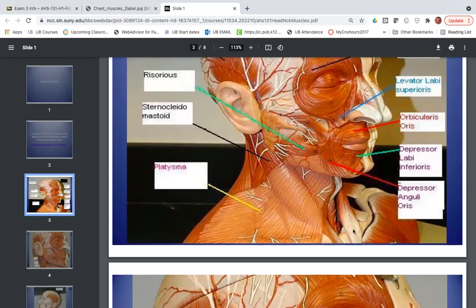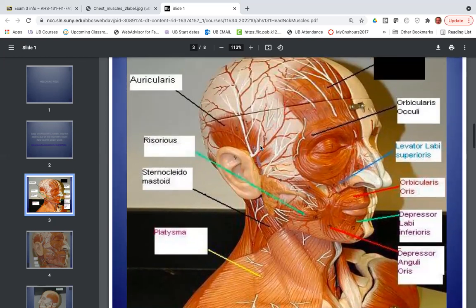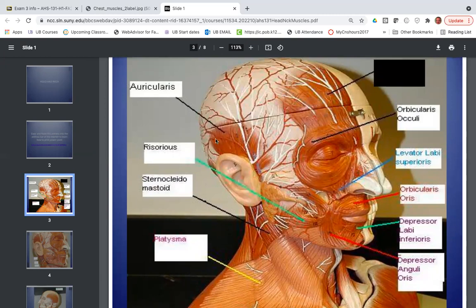This is the sternal division here, and this is the clavicular division here. This is on their left side of the neck. This side is on their right side of the neck, but still originates on the sternum and clavicle, and then comes on up here and inserts on the mastoid process. That's the sternocleidomastoid. Right above the ear, we have an Auricularis.